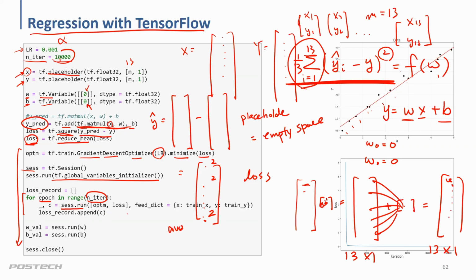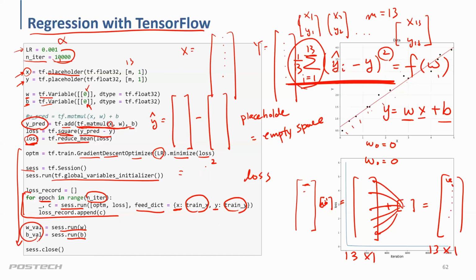When you run it, X and Y are the placeholders, and I put in the train X and train Y using feed dictionary and execute it to optimize. Once we are done with this part, we compute the final omega and b.